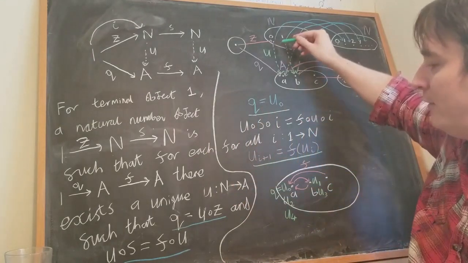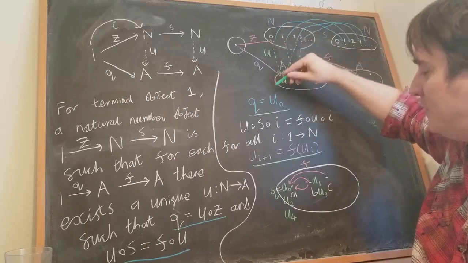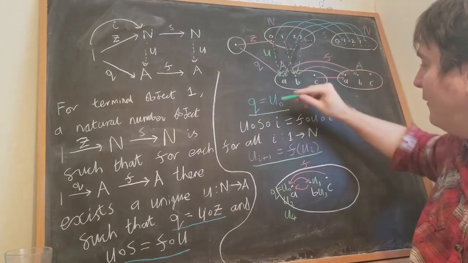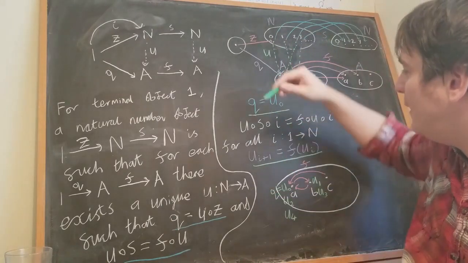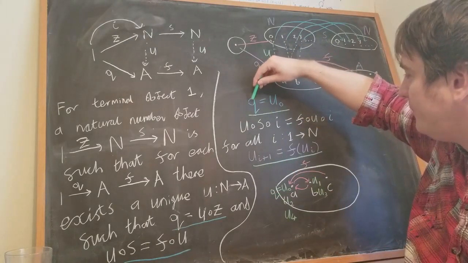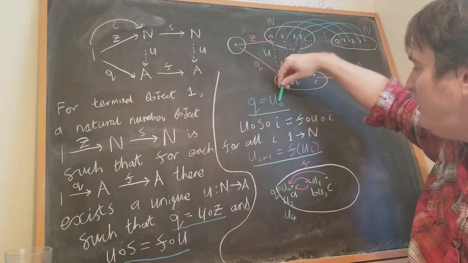Is it clear that this is the only arrow from the natural numbers which makes this and this hold? Well, it should be, because we know there's only one way to pick u of 0.